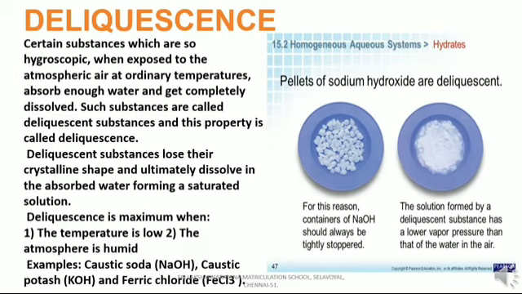Deliquescent substances lose their crystalline shape and ultimately dissolve in the absorbed water, forming a saturated solution. Deliquescence is maximum when the temperature is low and the atmosphere is humid. For example, calcium chloride, caustic soda, caustic potash and ferric chloride.